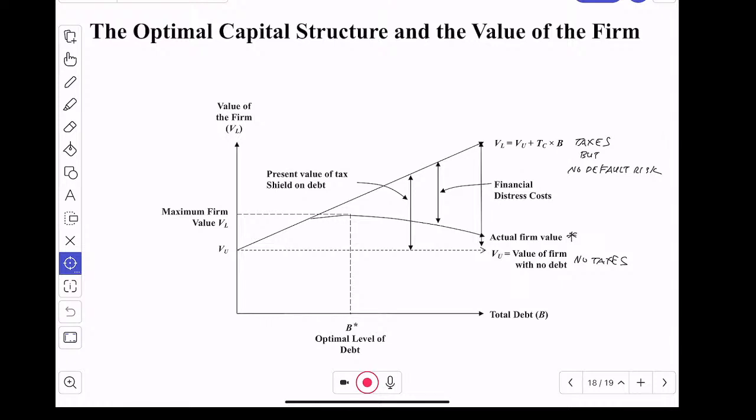And then I say, okay, now take away the no default risk assumption, so allow for default risk, and now we say at some point the firm has to taper issuing debt, or else they're going to lose value. And we want to find this optimal level of debt.